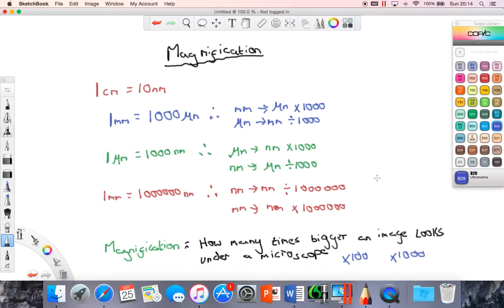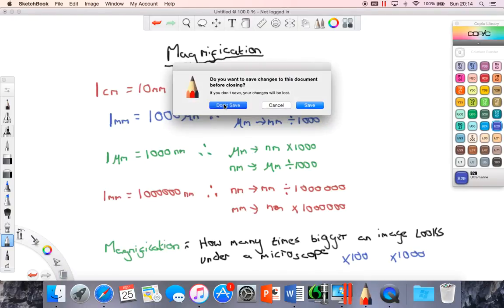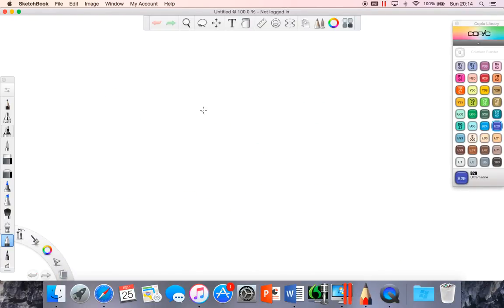Okay, so you should have got that written down. We now need to have a quick look at how we do the calculations for magnification. I like to do this in a triangle, because my maths is not the strongest. If we put this in a triangle, we would have the size of the image at the top.